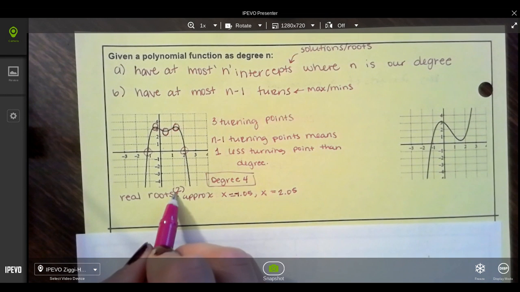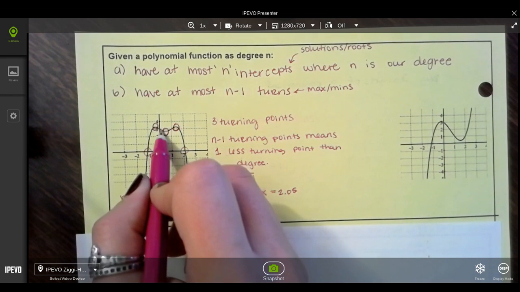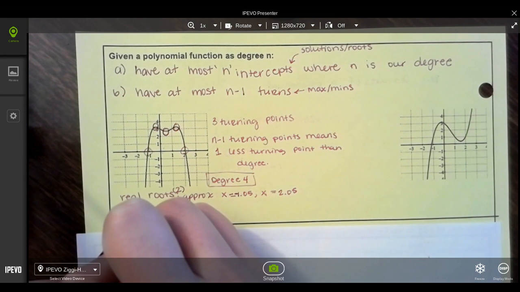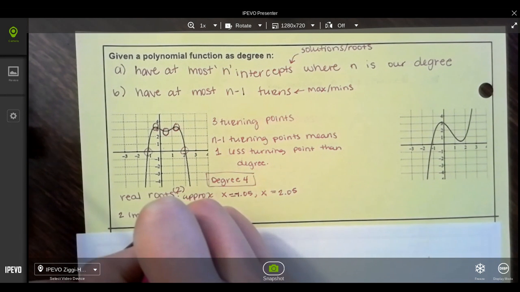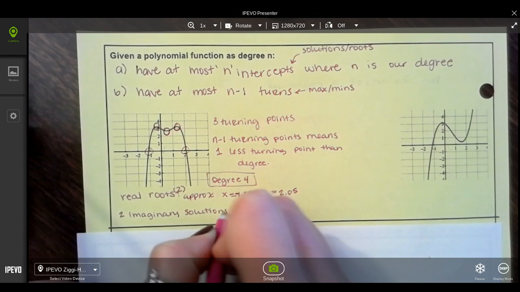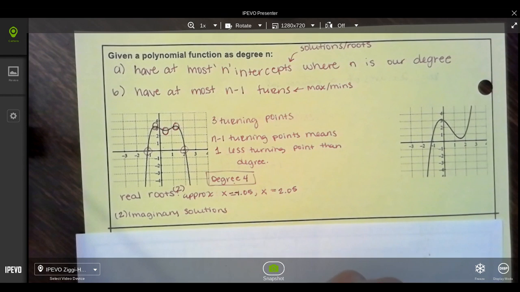Well, if I have 2 real roots but it's a degree 4, that tells me I have 2 imaginary solutions, and 2 plus 2 gives me a degree of 4.